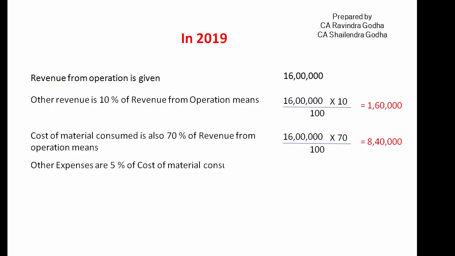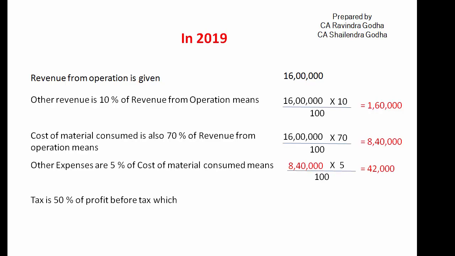Next, other expenses, which are based on cost of material consumed. It is 5% of cost of material consumed. So it is calculated as 840 into 5%, which is equal to 42,000.